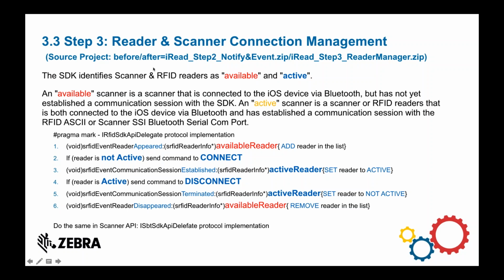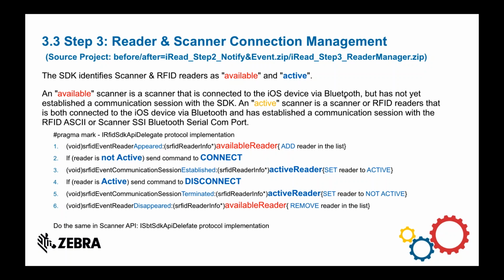Okay, and in step 3, I will show you how to do reader management. There are two important concepts you need to understand: one is available and one is active. Available means they are connected to the iOS Bluetooth port, but not yet a stable communication session with the SDK.